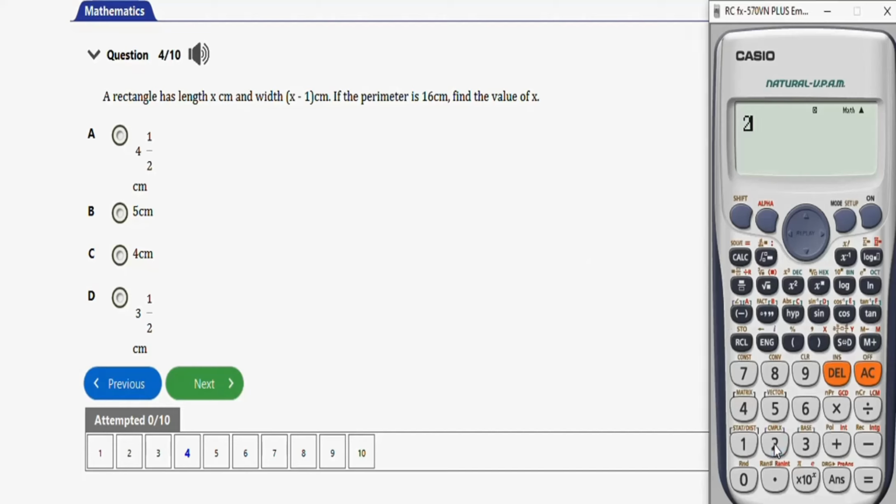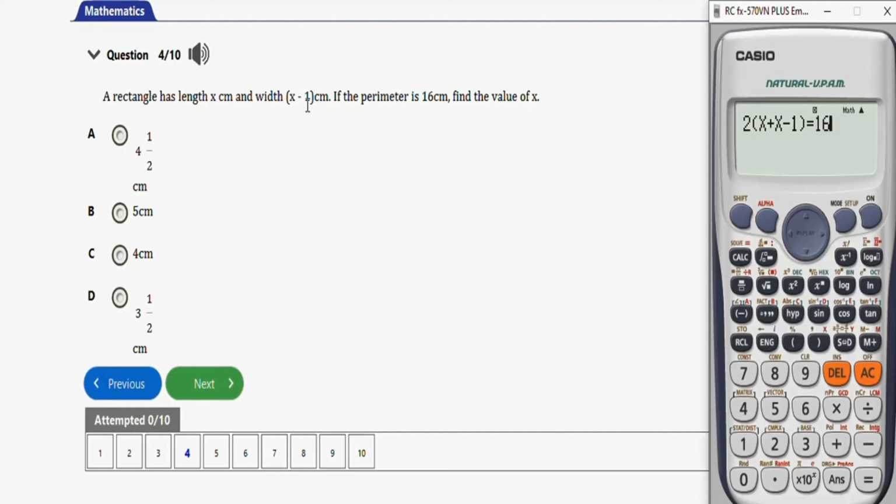So it will be 2 in bracket, we now know the length is unknown, so it's called x. Then 2 times in bracket length plus breadth. The breadth is the width. So we have the width here to be x minus 1. So this is what we have, guys. Then put the equality sign, equals 16.